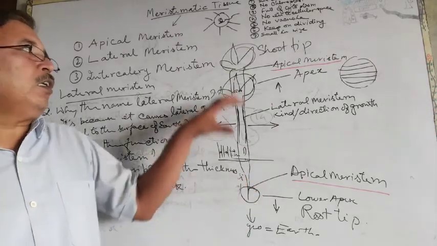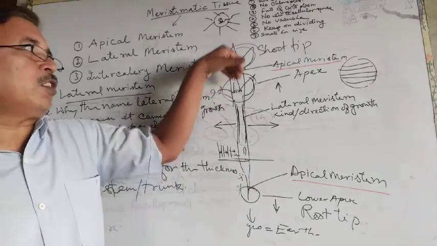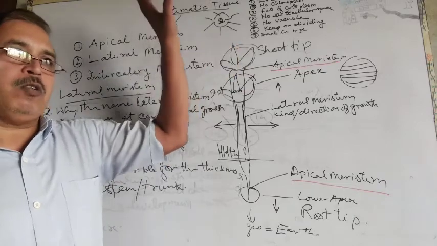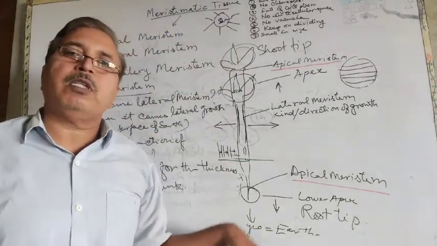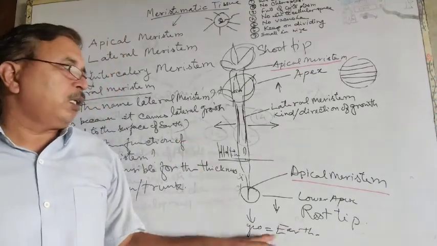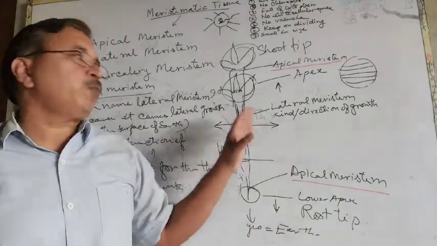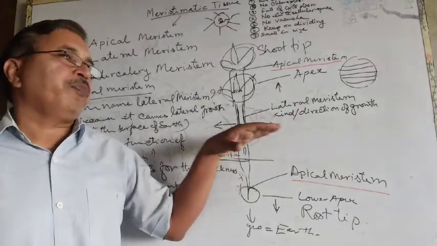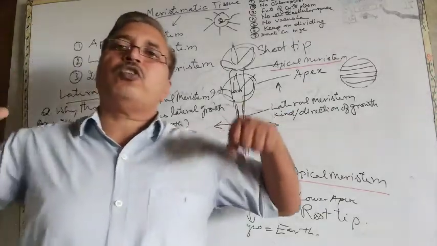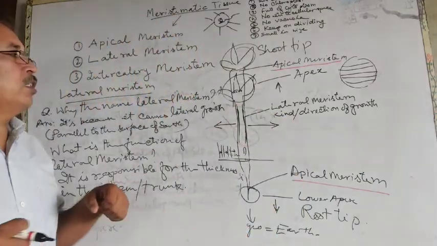What is its function? Apical meristem causes upward growth and development in the shoot tip, and in the root tip it causes downward growth and development towards the Geo, or the earth, right? The second comes lateral meristem, which is found on the sides of the stem and helps in increasing the thickness of the stem, right?